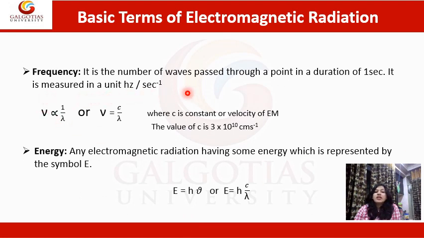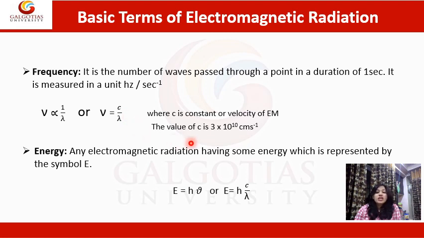Frequency is the number of waves passing through a point in a duration of 1 second, and it is measured in the unit hertz or second inverse. The frequency is inversely proportional to the wavelength, or frequency is equal to c by lambda, where c is the constant velocity of electromagnetic radiation.